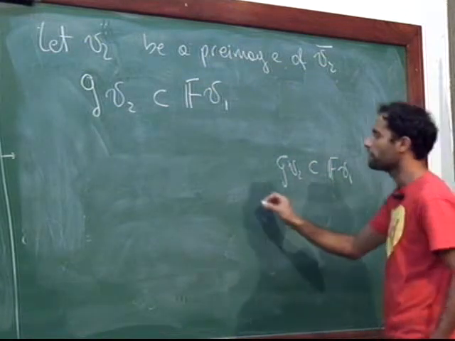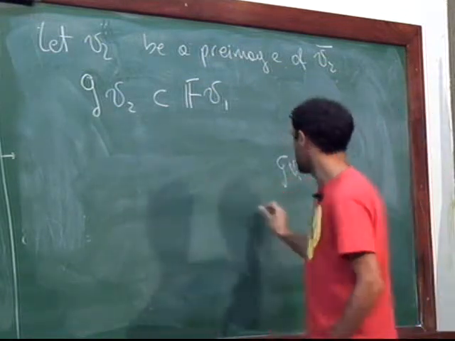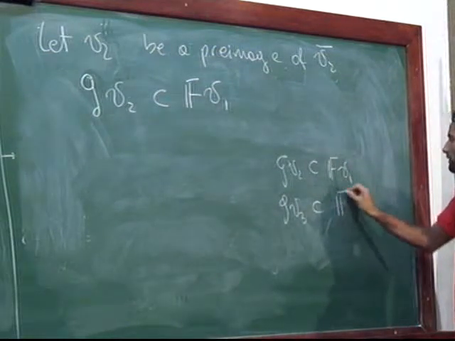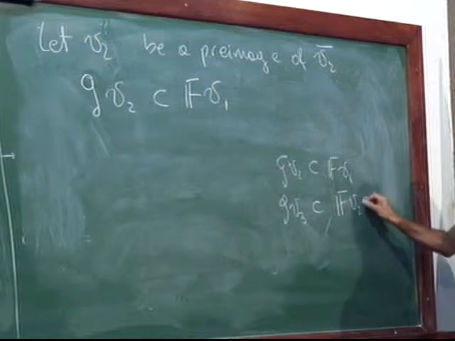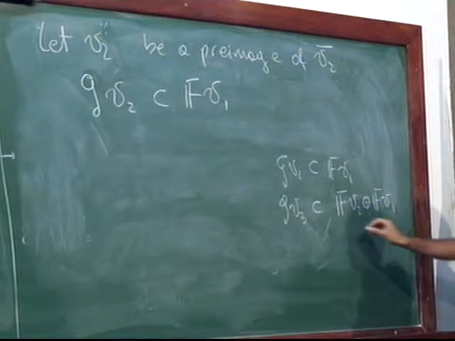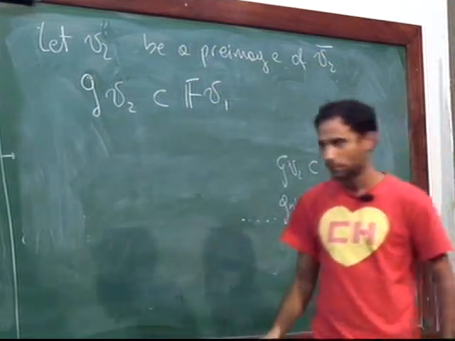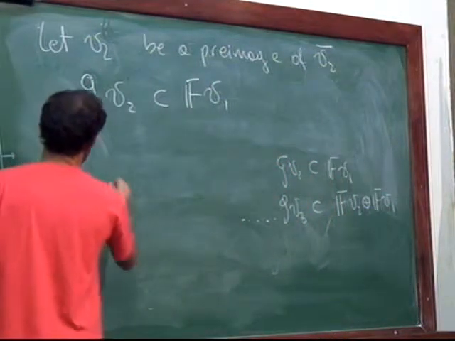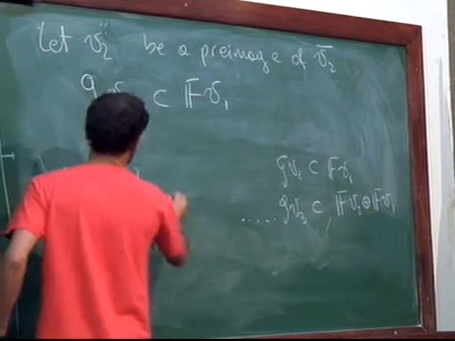Well, but then G of V3 would live inside the span of V2 plus V1, and so forth. And now choose the basis: V1 up to Vn, where you finished, does the trick.